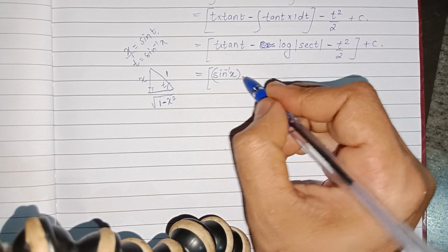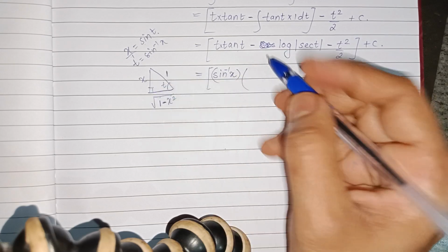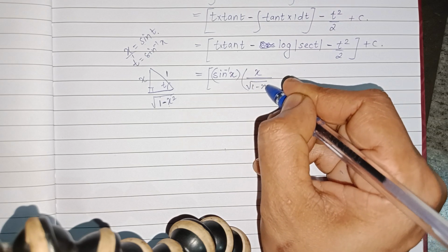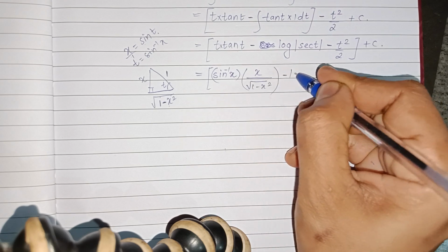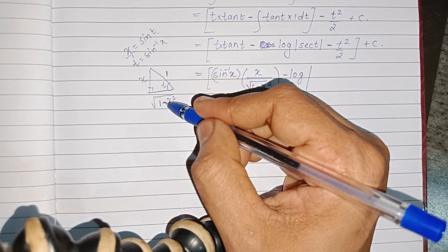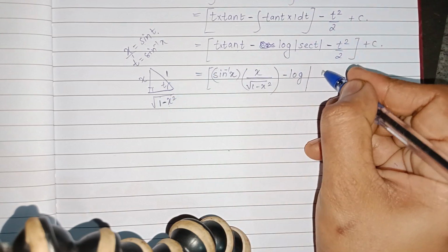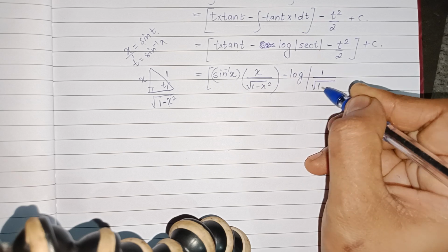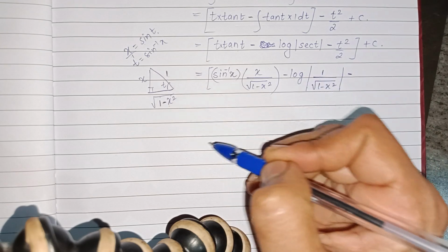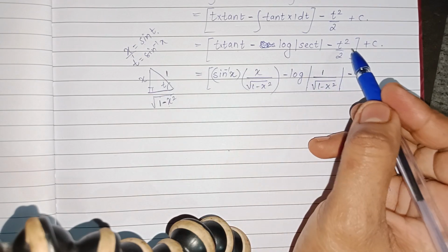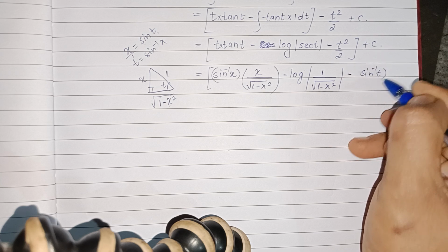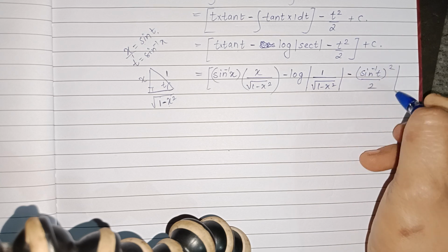Okay, so what will be tan t? Opposite upon adjacent. Sec of t is hypotenuse upon adjacent. Then t square is sin inverse of x squared by 2, plus c.